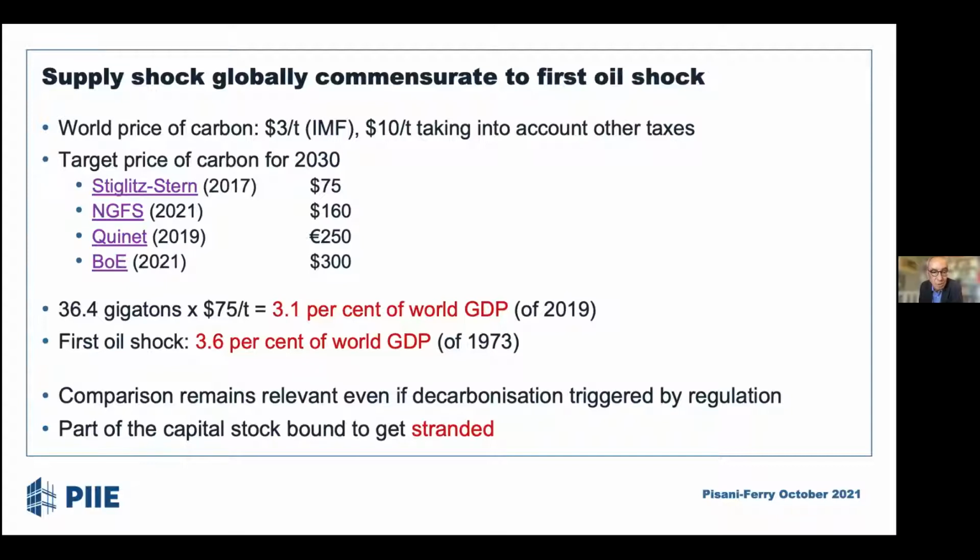So I took the lower estimate, the Stiglitz-Stern one, $75, applied to the total emission, and that results in a total levy, or nominal levy, of 3.1% of global GDP, which I'm comparing to the size of the first oil shock, which was at the time 3.6% of global GDP. So this suggests that there's something in common, not only in qualitative terms, but perhaps also in quantitative terms. So I'm going to qualify this.